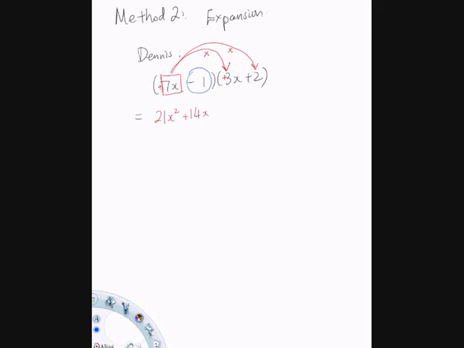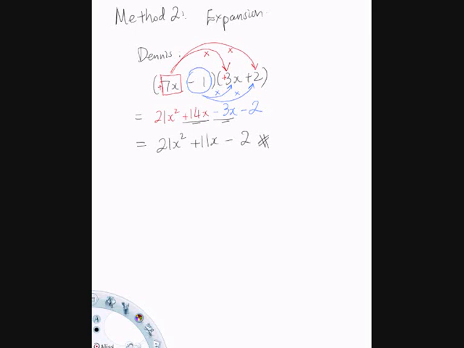Distributing it in, negative 1 times positive 3x gives minus 3x. Minus 1 multiplied by positive 2 gives negative 2. After I group the like terms, minus 14x, plus 14x and minus 3x are like terms. So I will have 21x squared plus 11x minus 2.